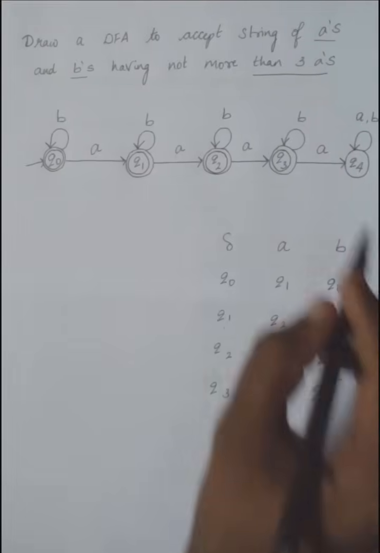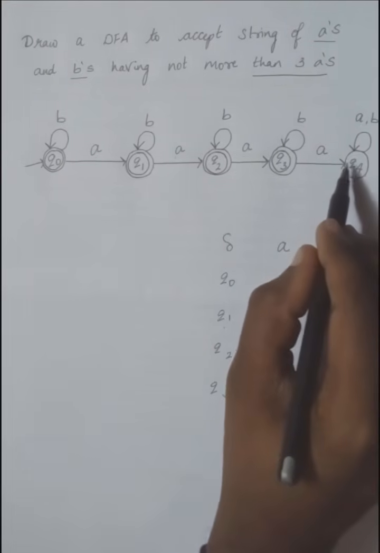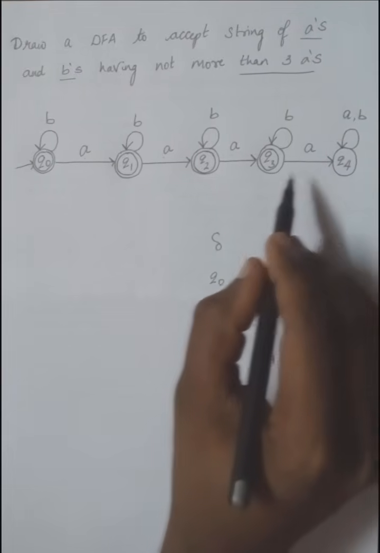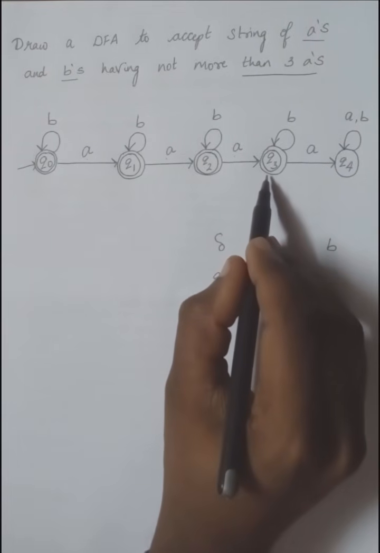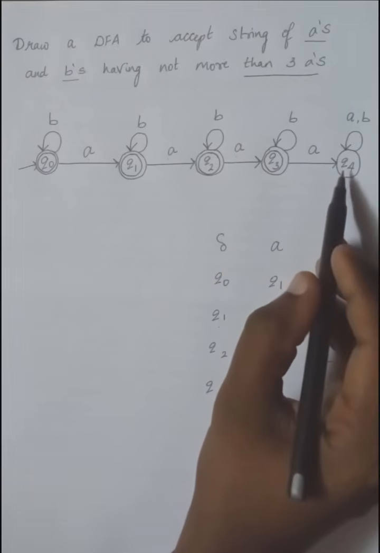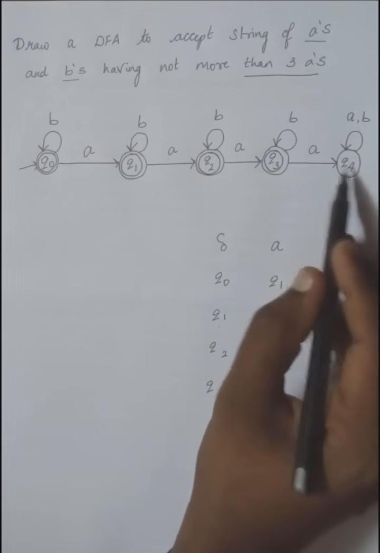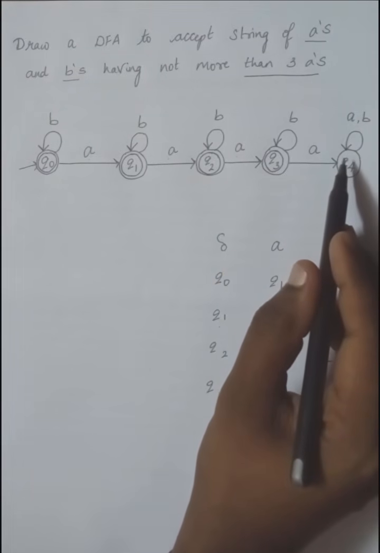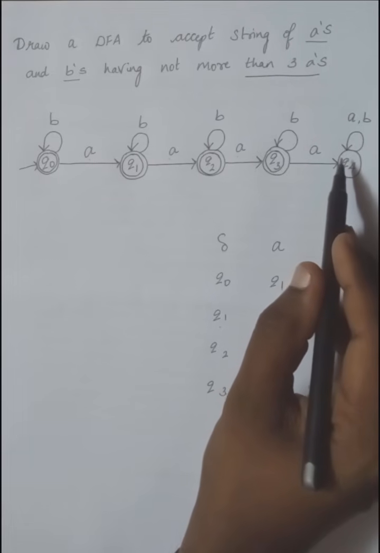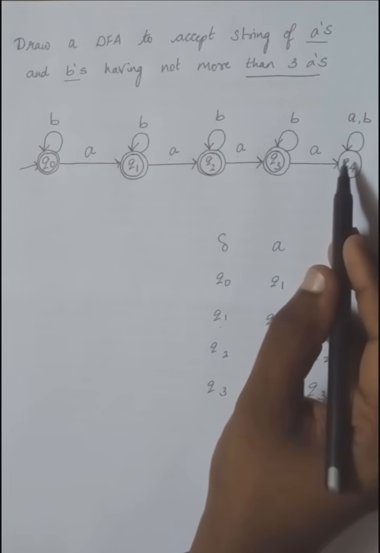After 3 A's, if the input goes beyond 3 A's, it will go into the trap state. Whenever it goes to the trap state, we can't come back to any of the final states to stop the machine. It keeps looping in the trap state, so the machine never stops and we can't accept the input.